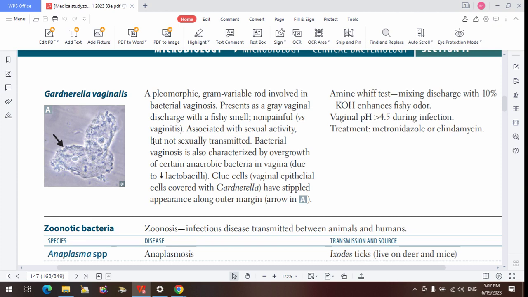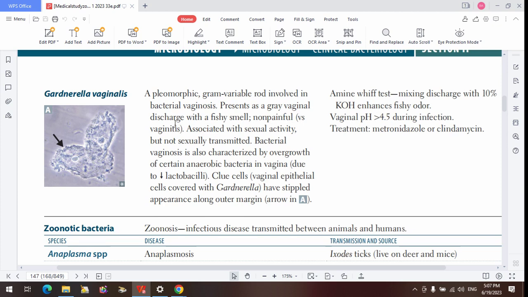Do you guys remember the Amsel criteria? Not really? Okay. So Amsel criteria: clue cells, raised pH, positive whiff test, and the gray-white vaginal discharge.